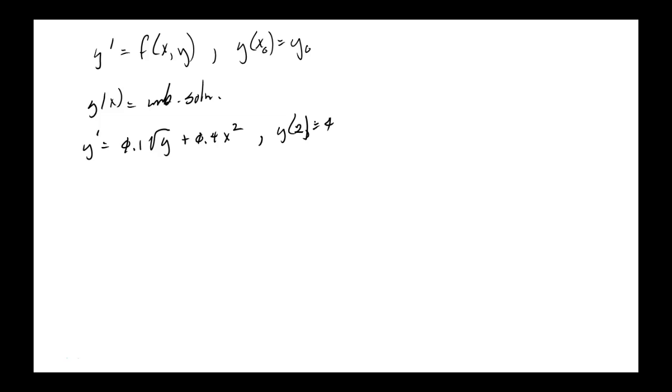Nevertheless, we can find approximate numerical values for the unknown y of x. Let's say we want to know y at 2.5. We know y at 2, but we want to know what it'll be at 2.5.